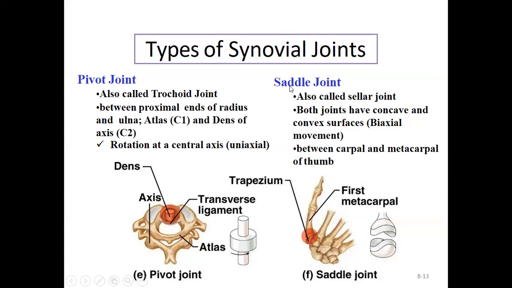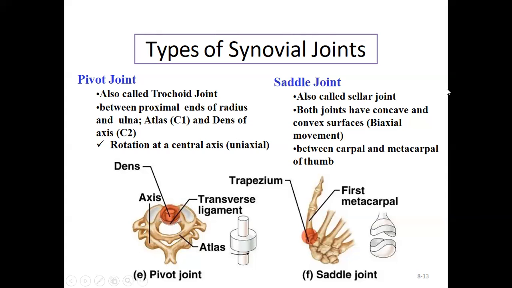Then you have a saddle joint that's also called your sellar joint. In a saddle joint, both joints have a convex and a concave surface.